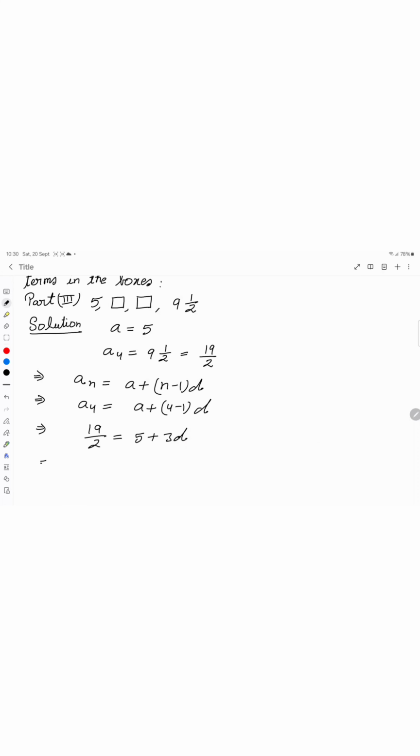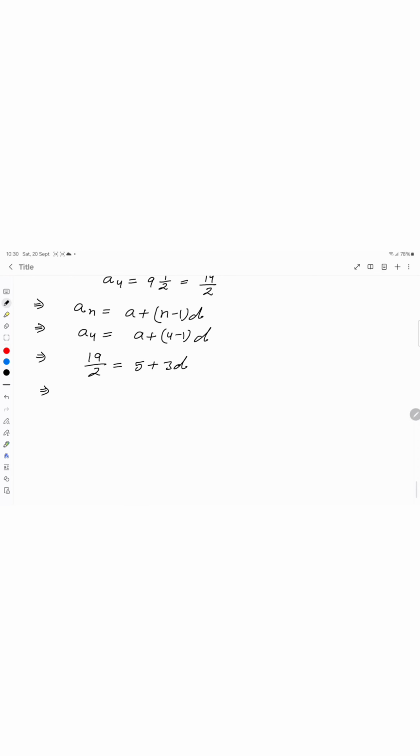Now transpose 5 at the left hand side, then its sign will be changed. 5 के अपॉन में 1 लिखेंगे, जिसे एलसीएम लेने में इजी रहेगा. Now we know that the LCM of 2 and 1 is 2.